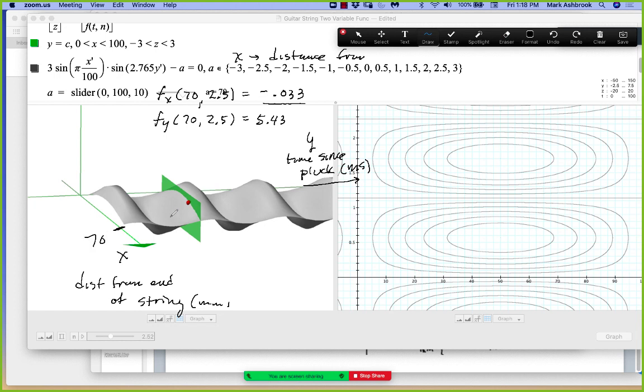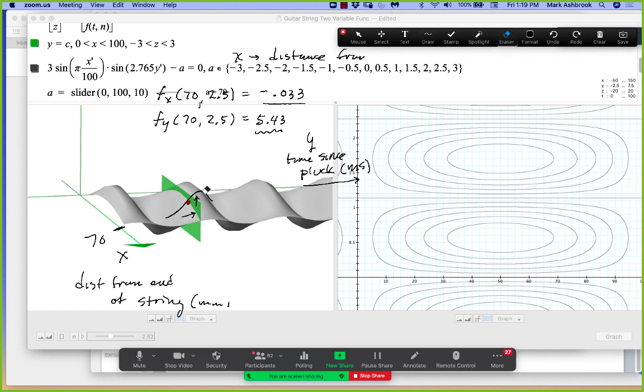If I put a plane at 70 here, it would create a trace like this. And you see that if you increase y a little bit, z goes up. Positive rate of change means that z increases when y increases. It makes sense because it's going to keep oscillating.